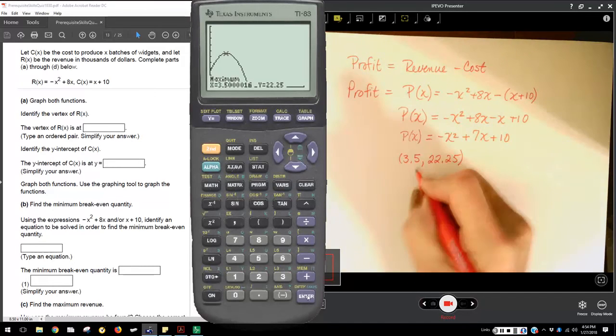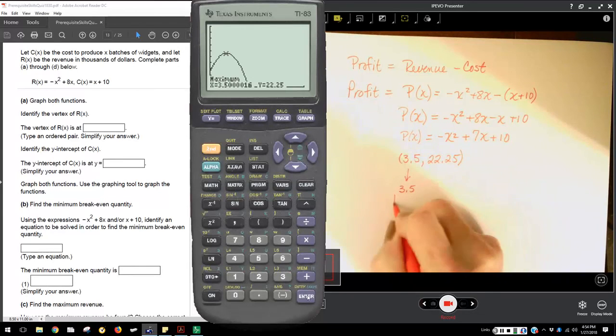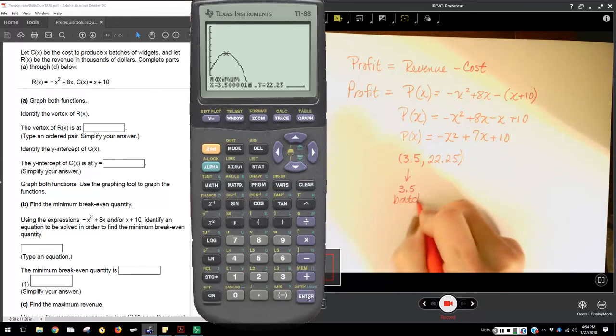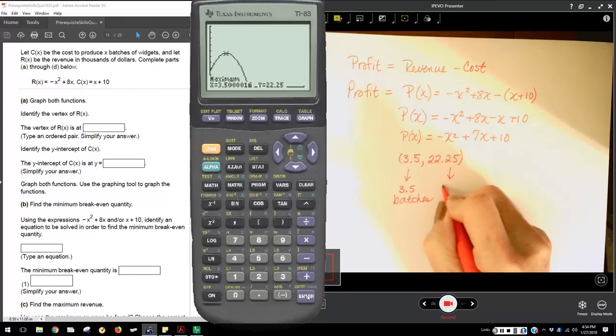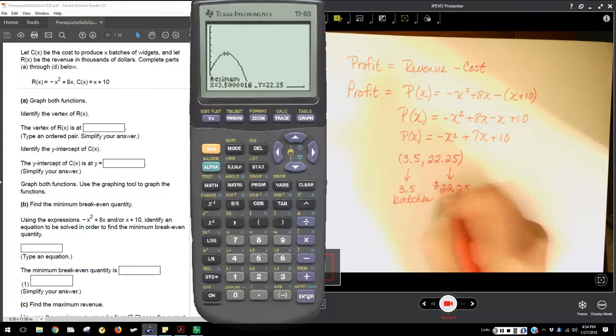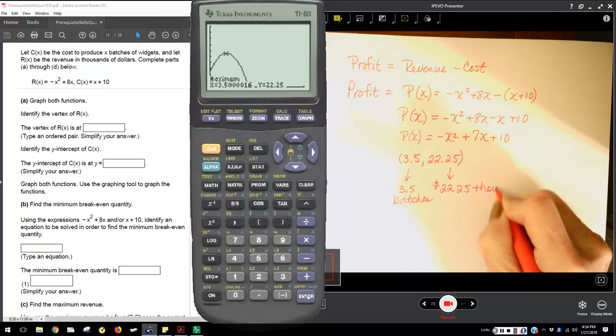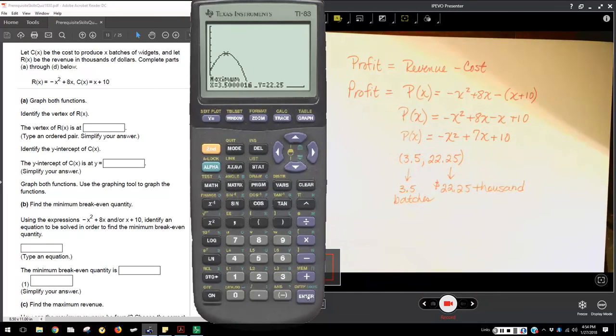So that means x is 3.5 batches, and P of x is $22.25 thousand in profit.